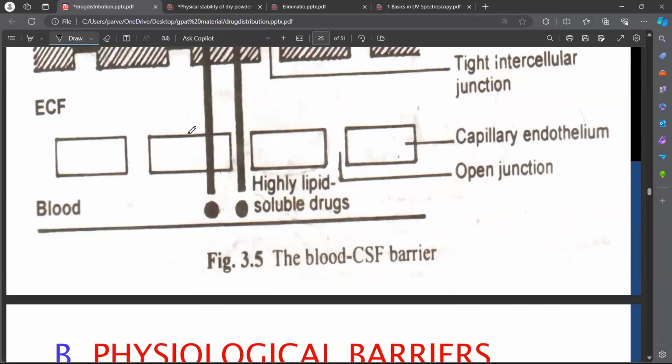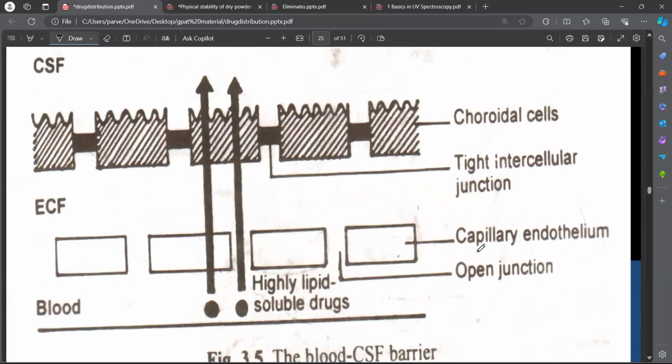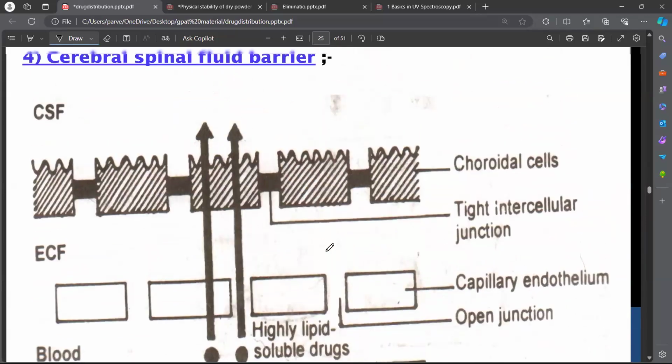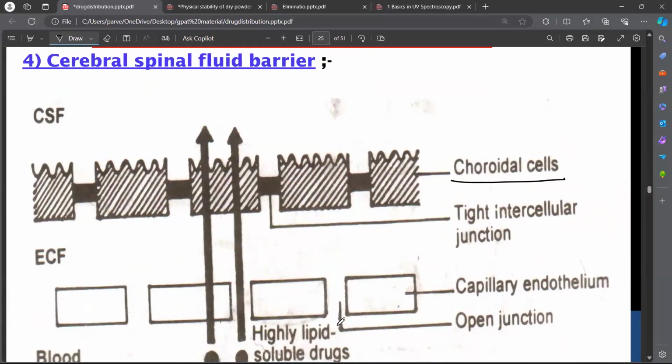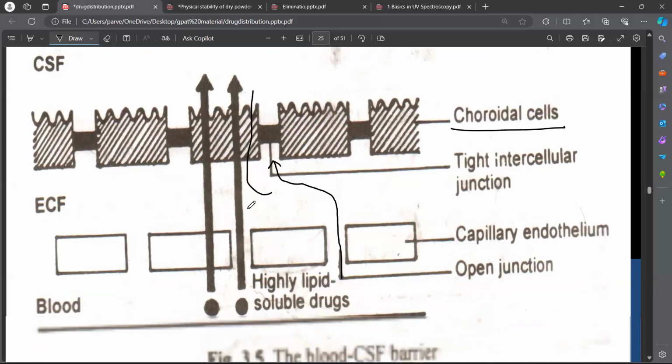CSF, cerebrospinal fluid. So basically, in the capillary endothelium here, you can see that compared to the blood-brain barrier, the tight junctions are not present, but tight junctions are present in the choroidal cells. So crossing the drug here is easier, but crossing here is difficult. That's why they have to follow the transcellular pathway.